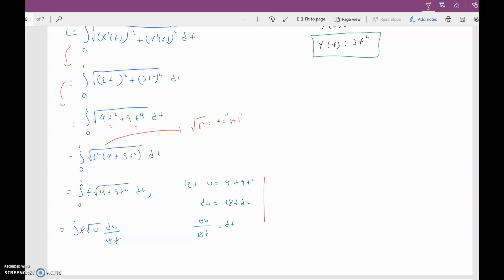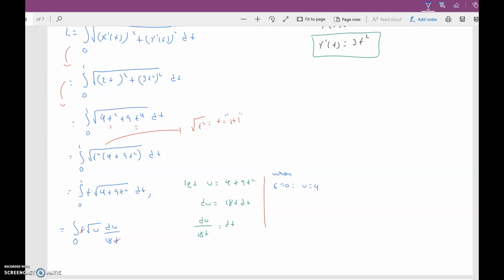And then let me talk about the actual limits. When t is equal to the lower limit, for t equal to 0, you're going to have that u is equal to 4.